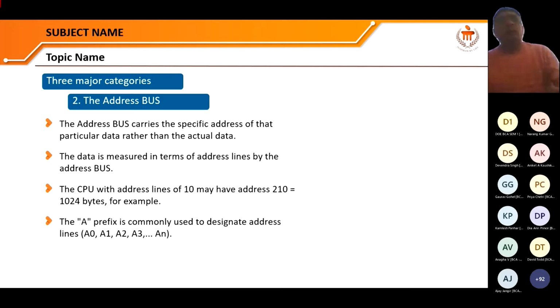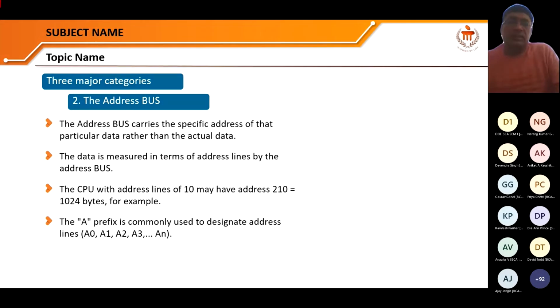When you learn operating systems, you will see there are some pages, and pages are counted by lines, one line and so on. Also, if you are making a program, there are several lines. So how many address lines are working, and each address line has a specific address position. So address buses can measure, and then they can transfer the data, and they can also take the data.